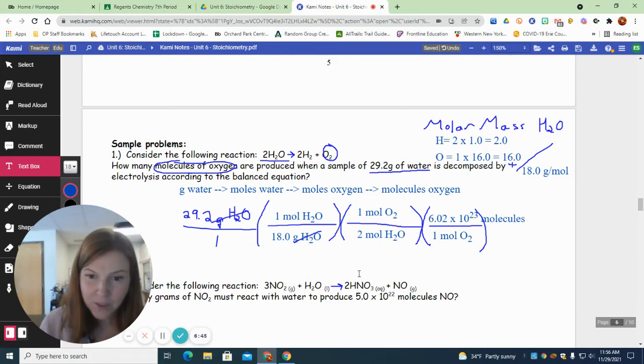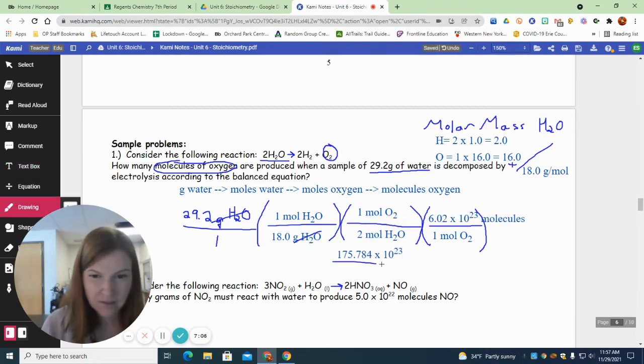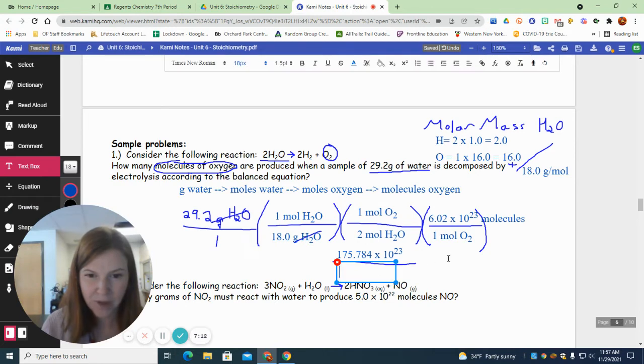So mathematically, what I would do from here is I like to multiply across my numerators first. So if I do that, 29.2 times 6.02 times 10 to the 23, I get, I'm not going to round at this point, 1.75784 times 10 to the 25 as my numerator, however your calculator's pumping out that answer.